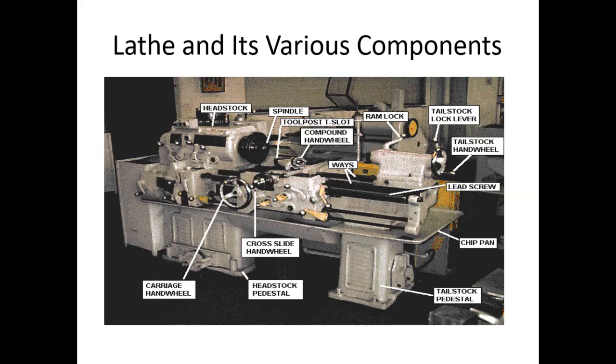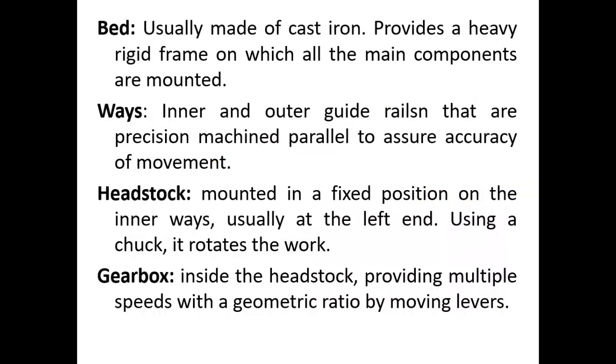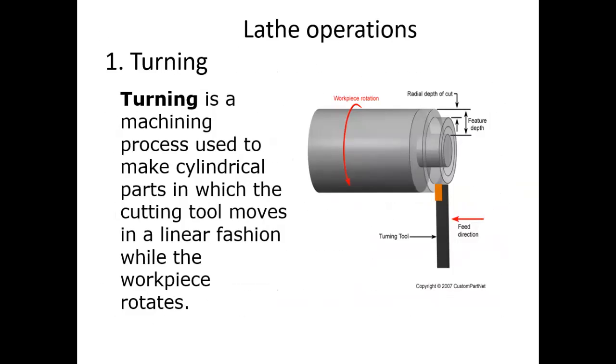Lathe is a machine tool which has provision for doing any type of operation, and 90% of all machining operations can be done with the help of the lathe machine. These are the important parts.